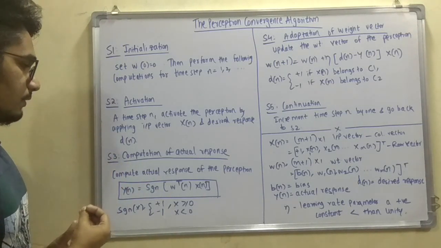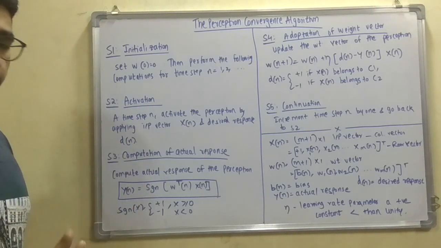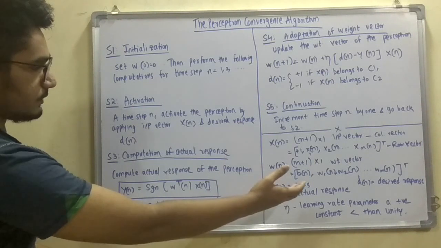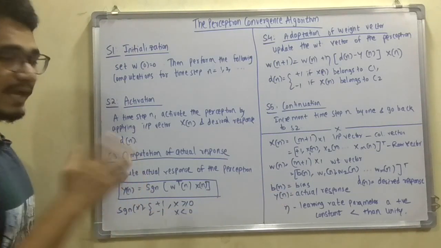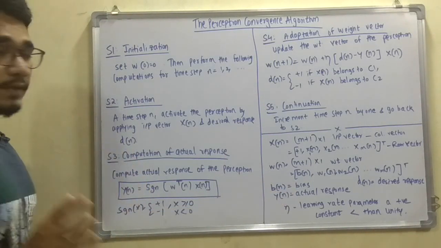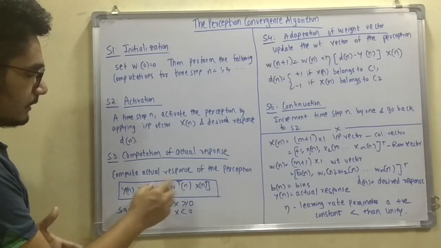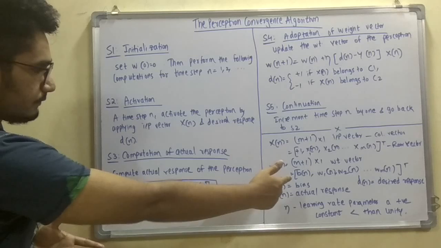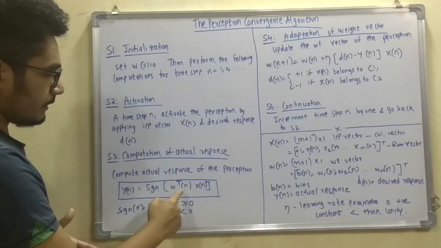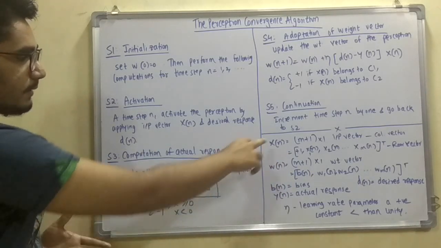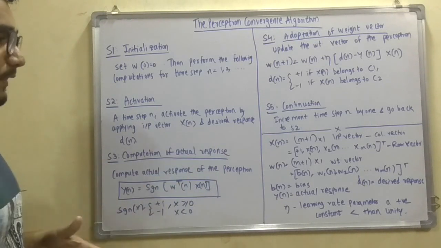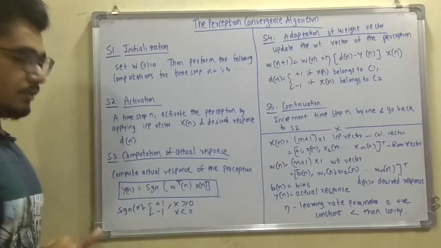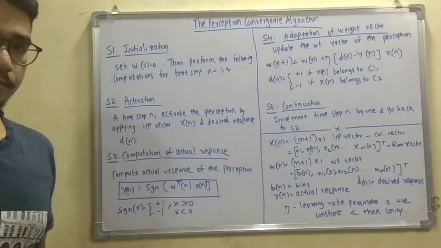The actual response is given by this formula: yn is equal to sgn of w transpose multiplied by xn, the weight vector multiplied by the input vector. This sgn is called the signum function.